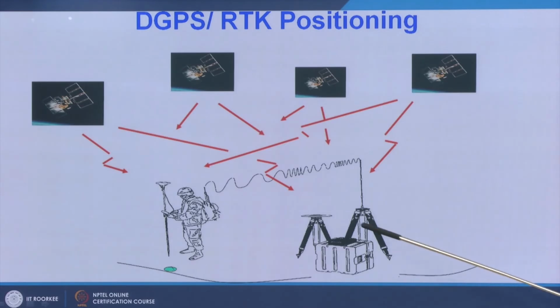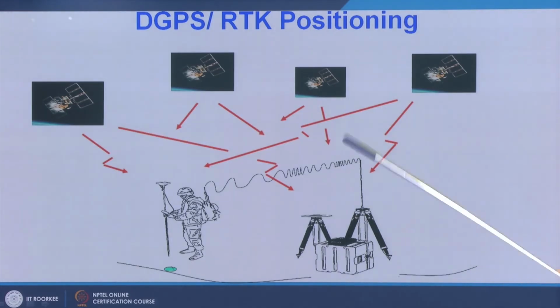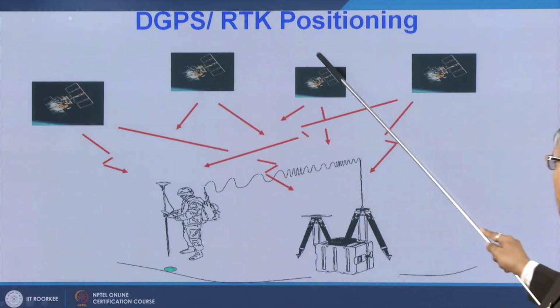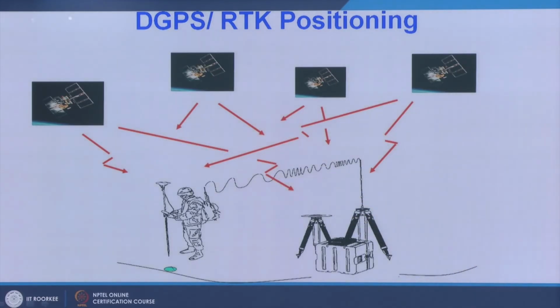So as soon as the GPS signal arrives at this station, from those observations it will compute its position, and its position is already known.